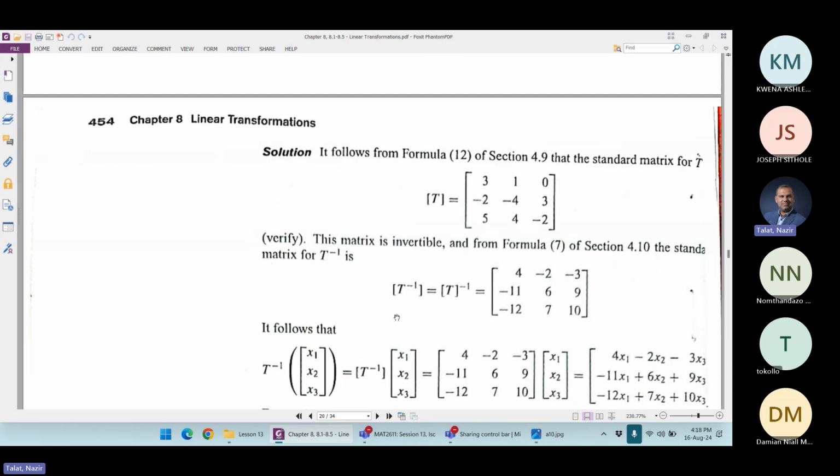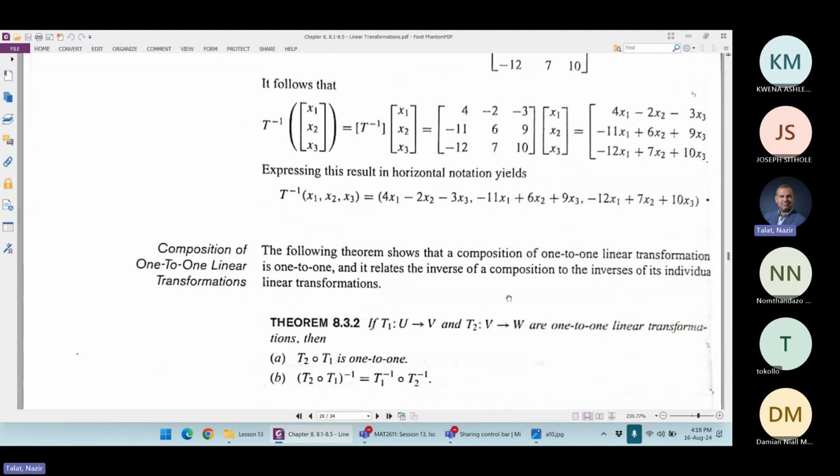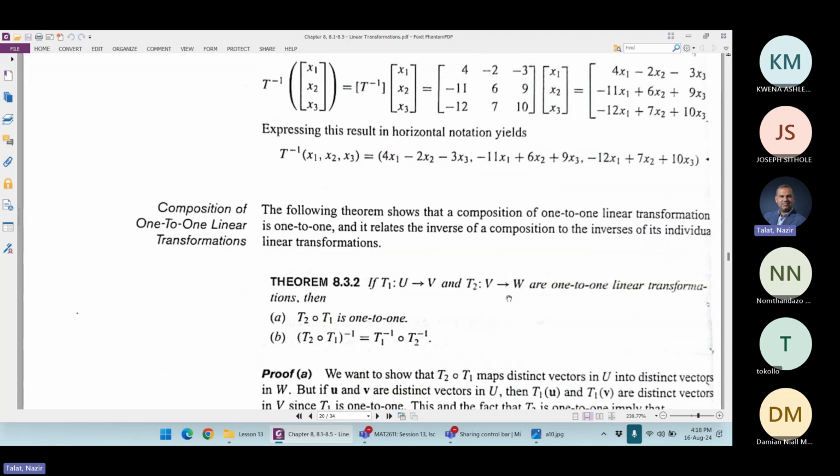This inverse is actually the standard matrix of T inverse. If you multiply it with the vector x1, x2, x3, we obtain T inverse. Then one can check that T ∘ T inverse is equal to identity, and T inverse ∘ T is also equal to identity, where ∘ means composition. These relations always hold.